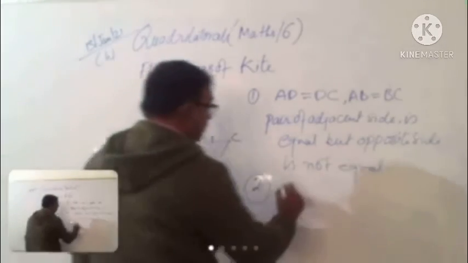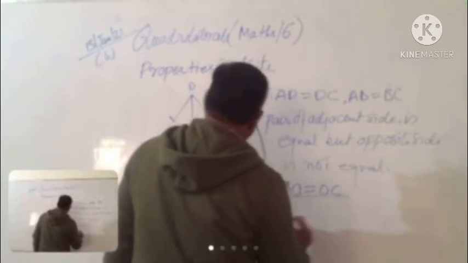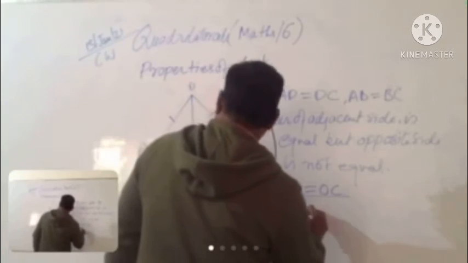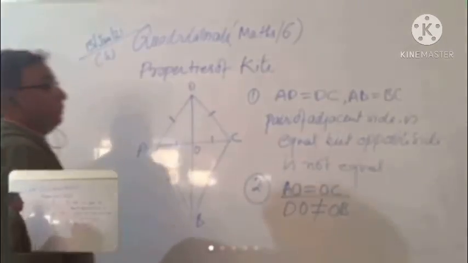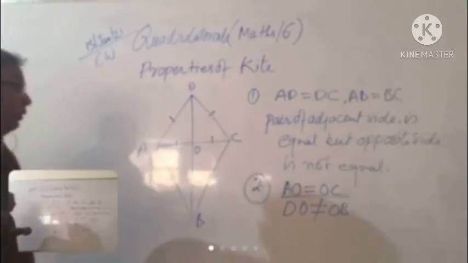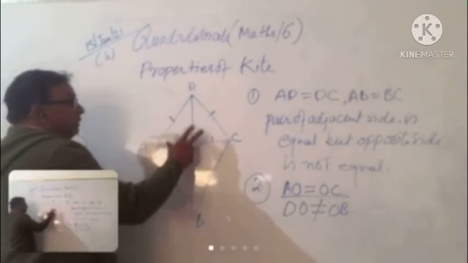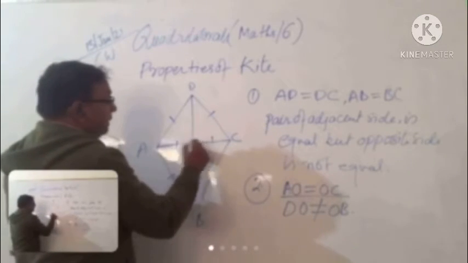The second property is related to the diagonals. In this, the diagonals are not bisected. Only one diagonal is. AO is equal to OC and OD is not equal to OB. So the property for a kite is AO equal to OC. One of the diagonals is bisected.